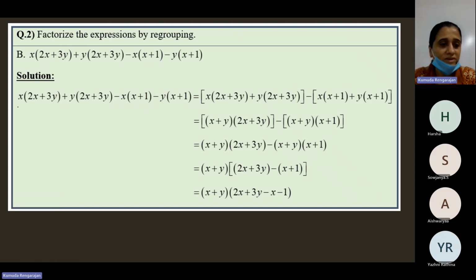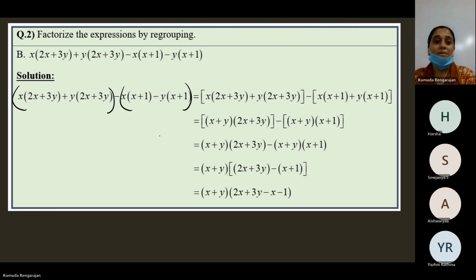So now look at the first and second term. What's common? 2x plus 3y, right? And what is common between the third and the fourth term? x plus 1 is common. Now what you have to do is group this one like this and this one like this.